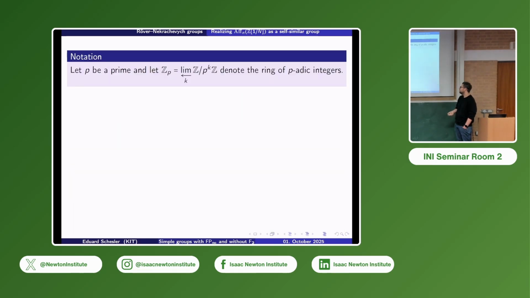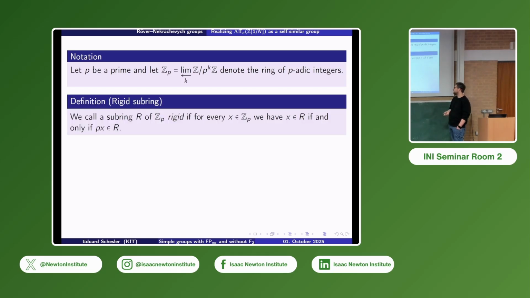And to do so, we consider the p-adic integers. Inside the p-adic integers, there are lots of rings. So the rings that we are interested in are what we call rigid. Actually, I guess there is already a commutative algebra definition of this, what we call rigid, but we didn't find it.